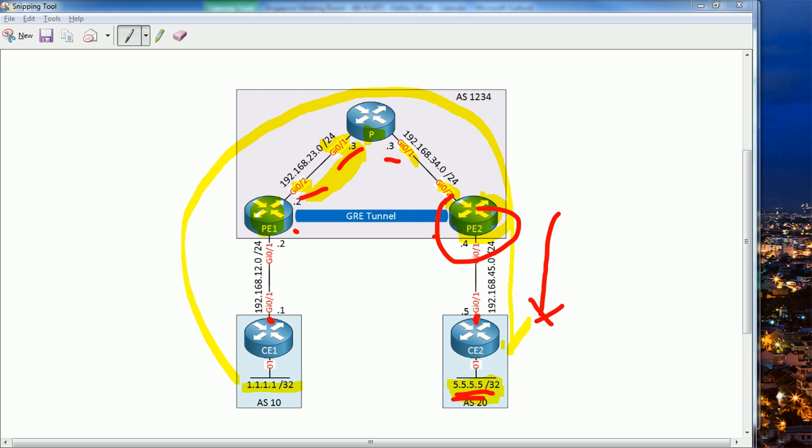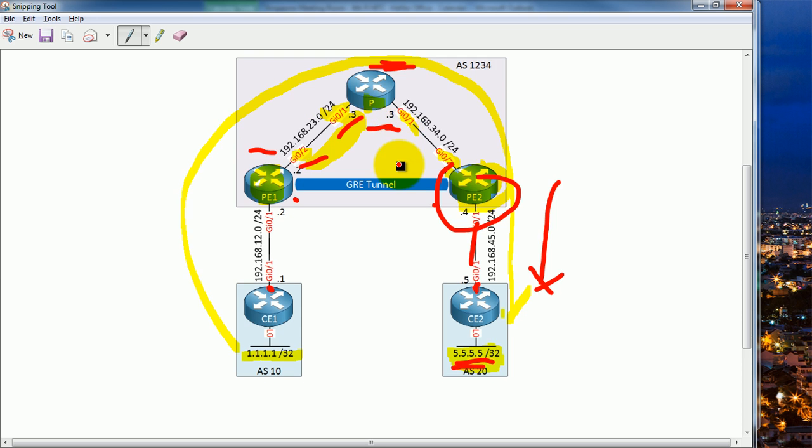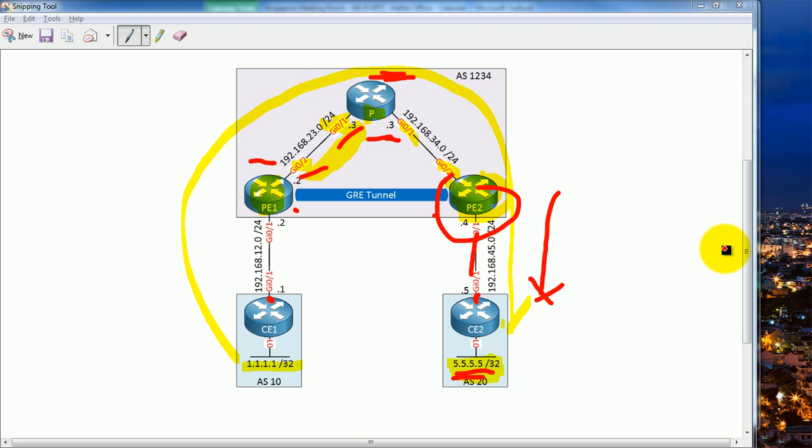with the label 16 and the prefix. On router P, we see label 16 for this prefix, and the outgoing interface is GigabitEthernet 0/1, and the router does everything with the label 16 should be forwarded on the GigabitEthernet 0/1 interface.